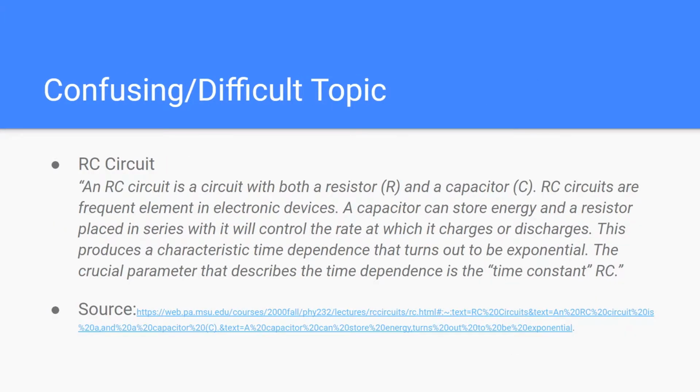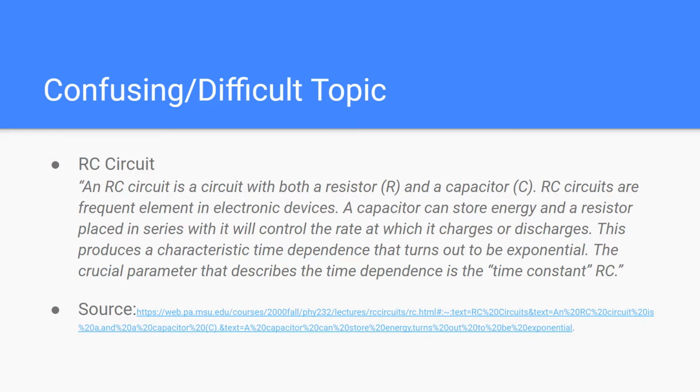And a confusing topic for me was understanding what an RC circuit really was, because I had never heard or seen an RC circuit before. So based on research from Google, I found out that an RC circuit is a circuit with both a resistor, which is R, and a capacitor, which is C. These circuits are frequent elements in electronic devices.